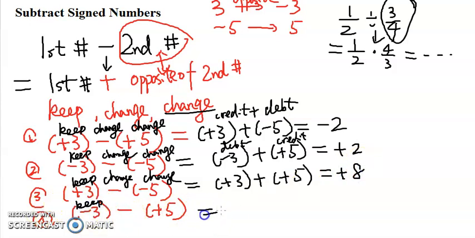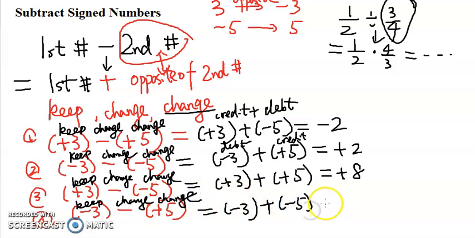Keep the first number -3, change subtraction to addition, and change the next number to its opposite. Just change the sign in front of it. Now, this is debt plus debt, which gives us larger debt. Negative means debt. 3 plus 5 is 8. So that's how we do subtraction. We turn this into an addition question.